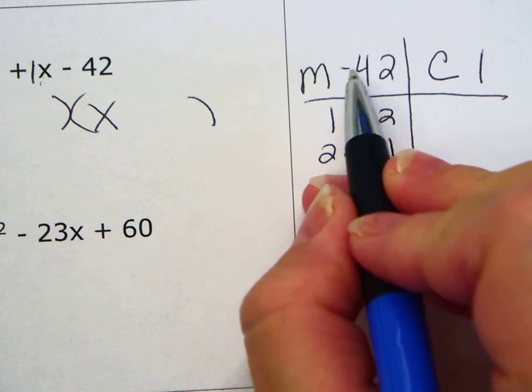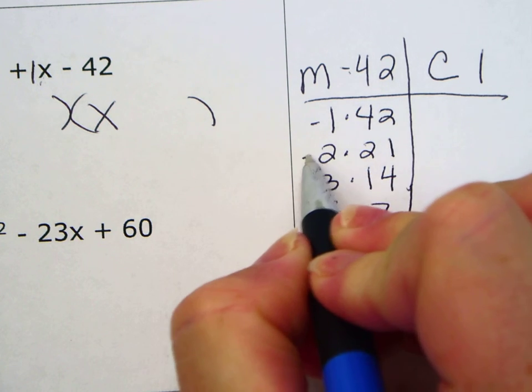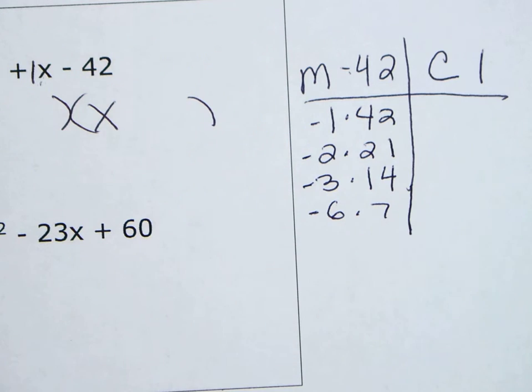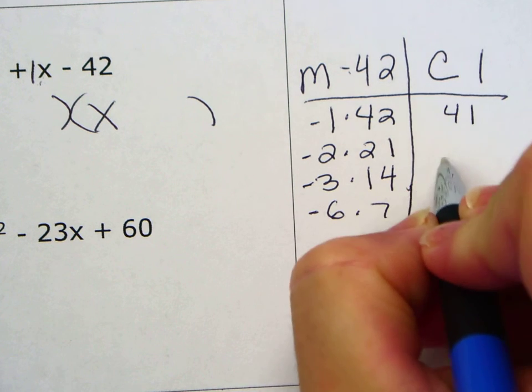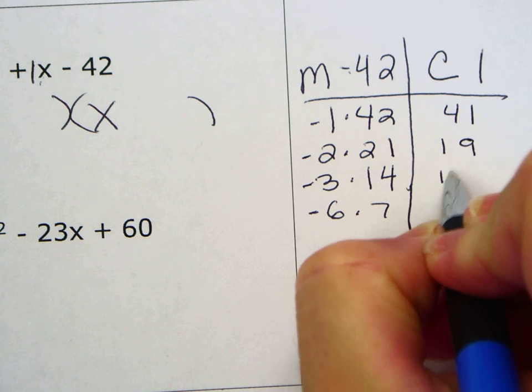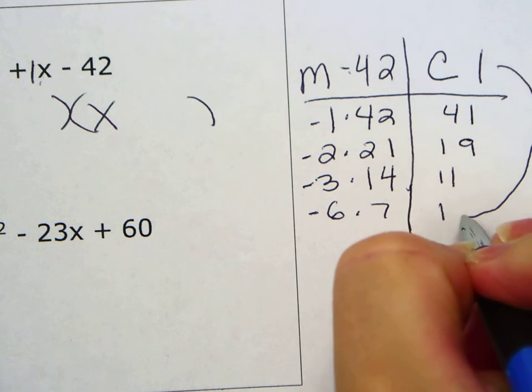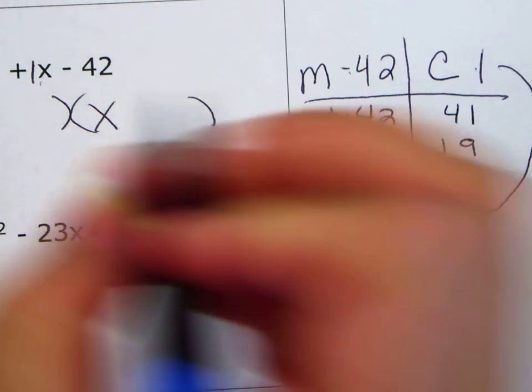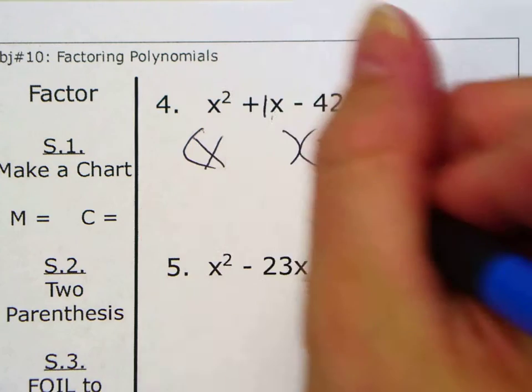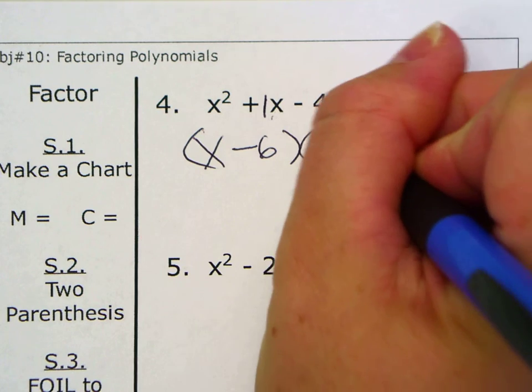Now we're multiplying to a negative, so you make one of the numbers negative. Combine across. Negative 1 and 42 is 41, 19, 11, and 1. Oh, hey, 1. Our signs are right. There's no problem. So these are the numbers I'm putting in my parentheses. So the answer is x minus 6, x plus 7.